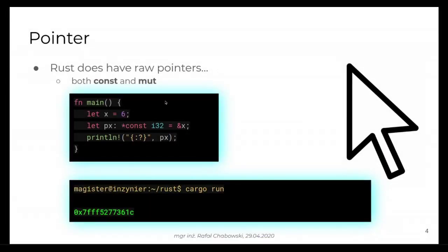Okay, a pointer. Not everyone is aware of it, but there are raw pointers in Rust. You can use them, though not freely. As you can see in the code here, they are available and easily display the memory location address.